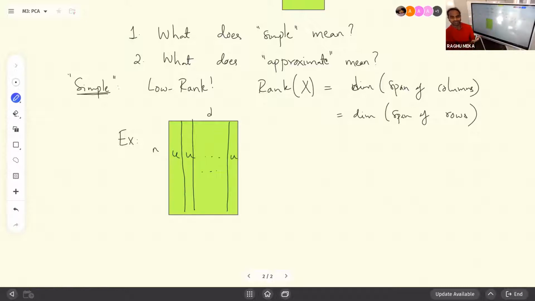It's intuitively a simple matrix, and what is the rank of this matrix? Just 1, right? So the rank of this matrix is only 1.